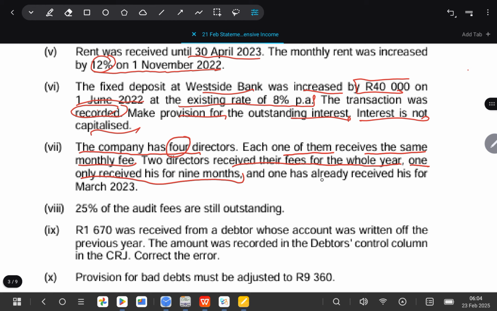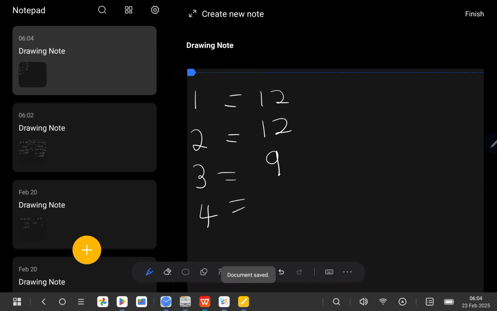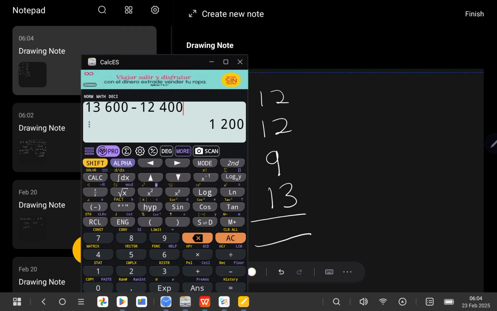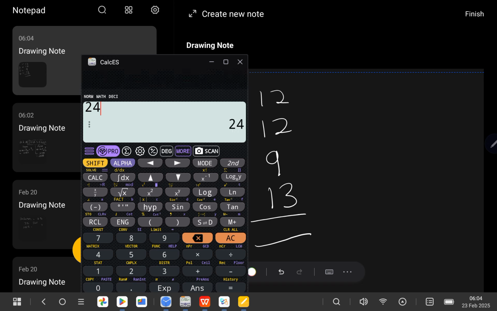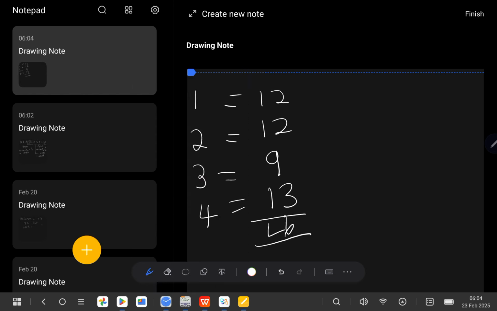They're saying that one has already received for March, which means we have prepaid him, so it will be for 18 months. Now let's check how much we're going to get from here. It's going to be 24 plus 9, and then plus 13. It gives us 46. So it means that we have paid all the directors 46 months.